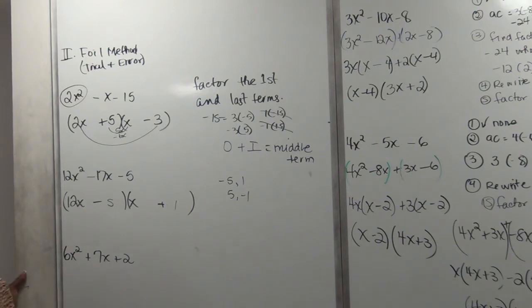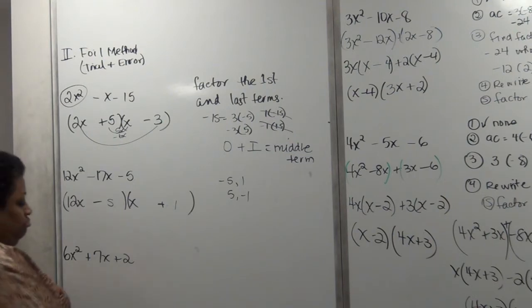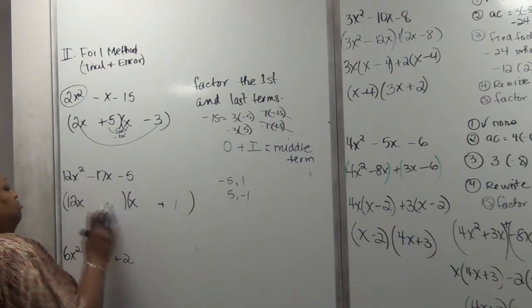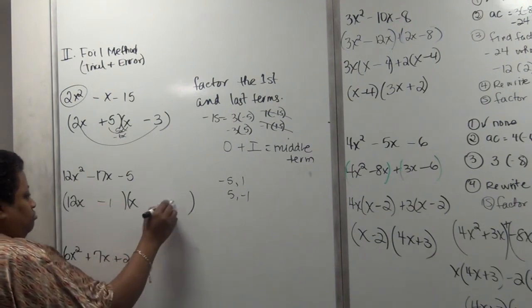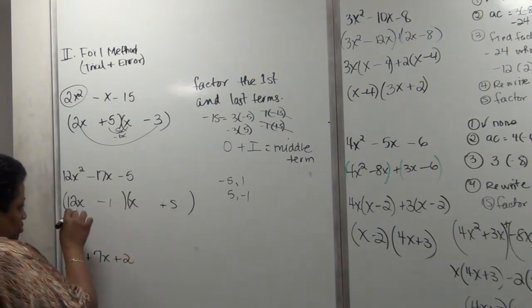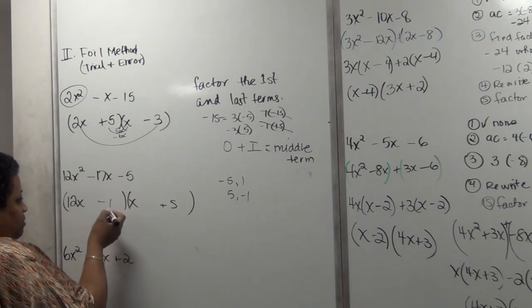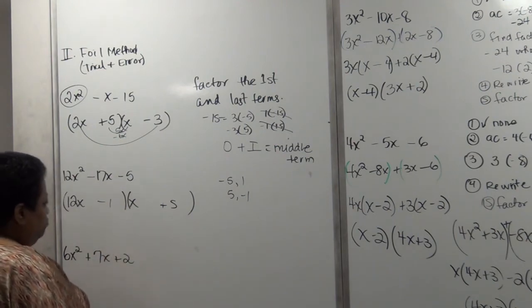Yeah. Then what's that going to do? It's going to make the 12 positive. Can we put the 5 where the 1 is? That'll be negative 60 minus 1. Nope. That ain't it.